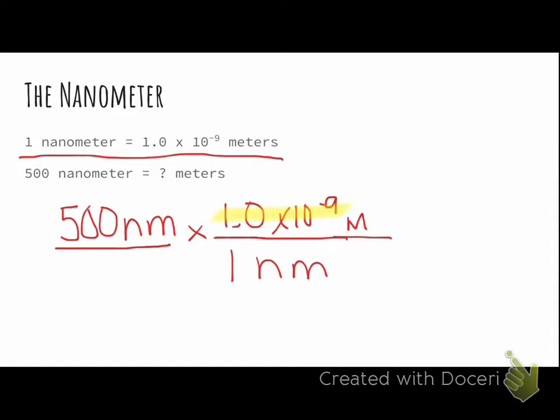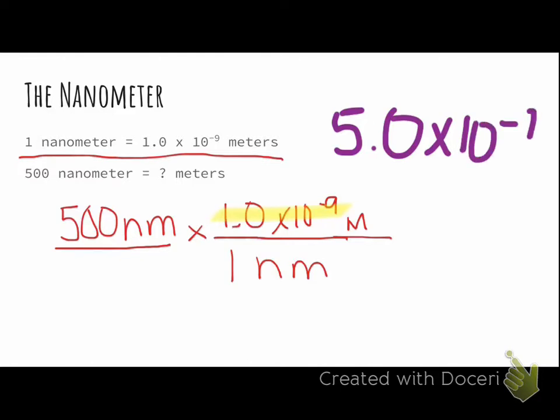And then you just divide by 1, so it's going to give you the same value. When you put this in your calculator, you should get 5.0 times 10 to the negative 7th, and our units on that will be meters. And that's because my nanometers are going to cancel out.